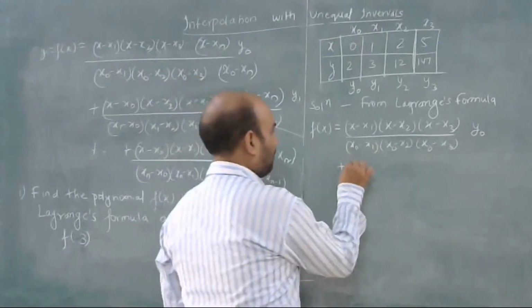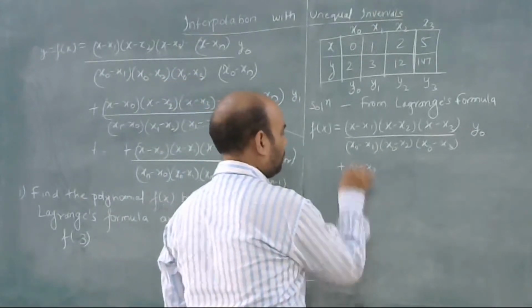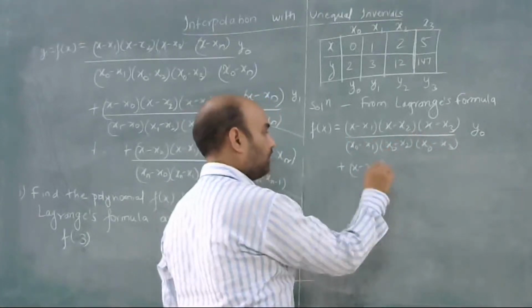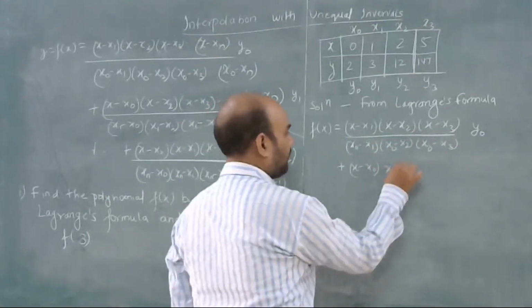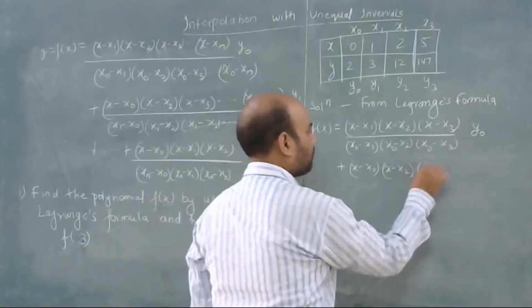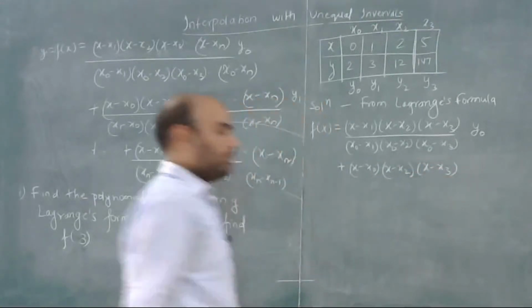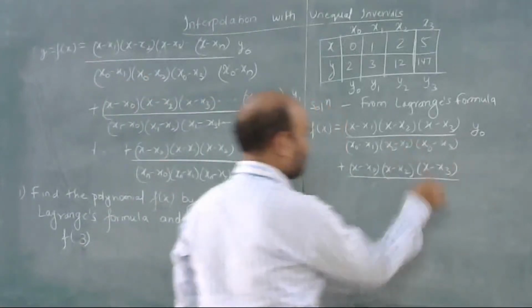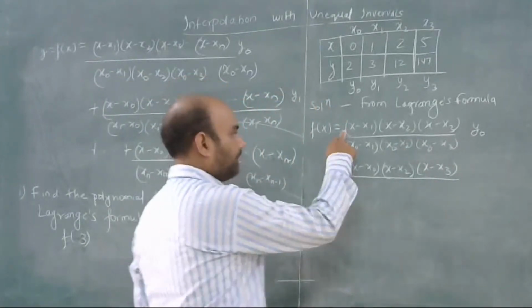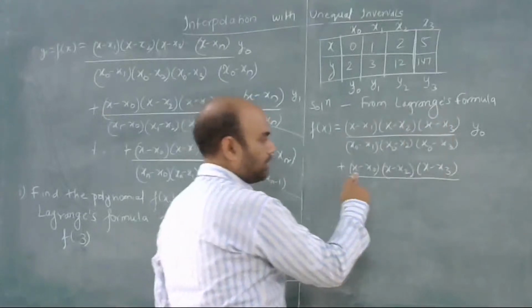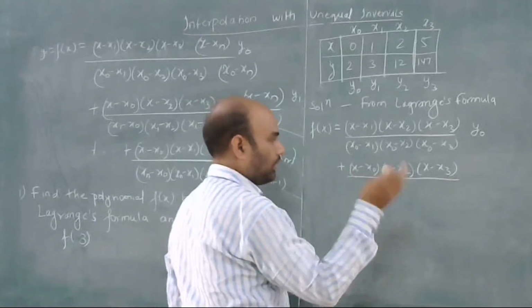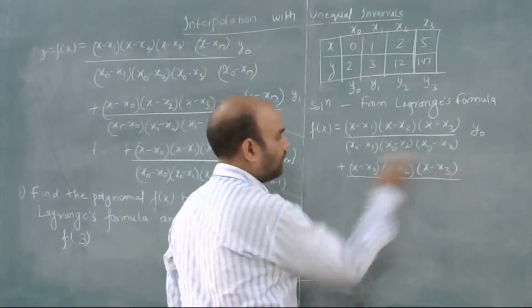Second term: x minus x0. Here x1 will be absent, so (x − x0)(x − x2)(x − x3). Remember this formula: in the first term x0 will be absent in the numerator, in the second x1, in the third x2, and in the fourth x3.